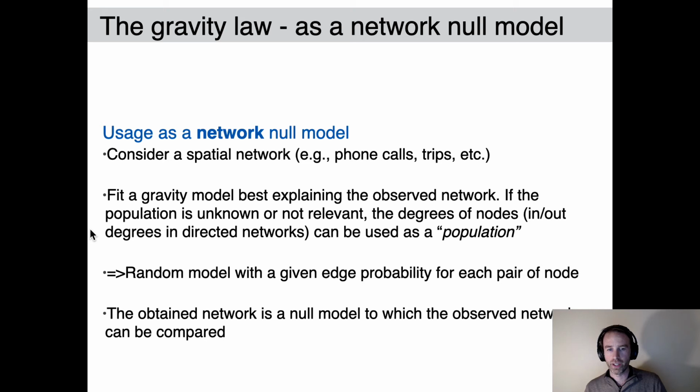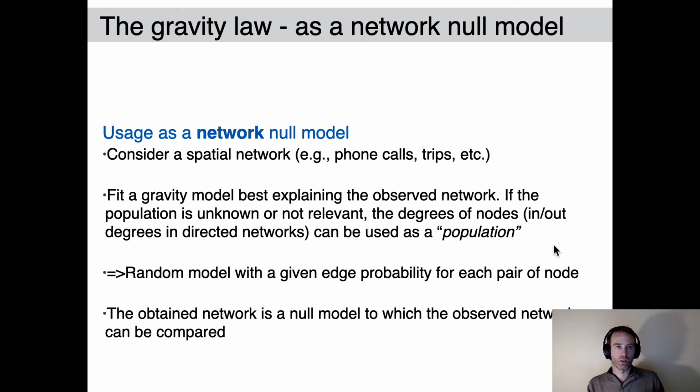Or if you're observing, I don't know, a spatial network of the brain or proteins or these kinds of things, there is no population that you can use that will meaningfully represent the nodes. So what you can use is the degrees of nodes. You have to be careful with that, we will see later, but basically the degree of a node is a proxy of the power of attraction of a node.